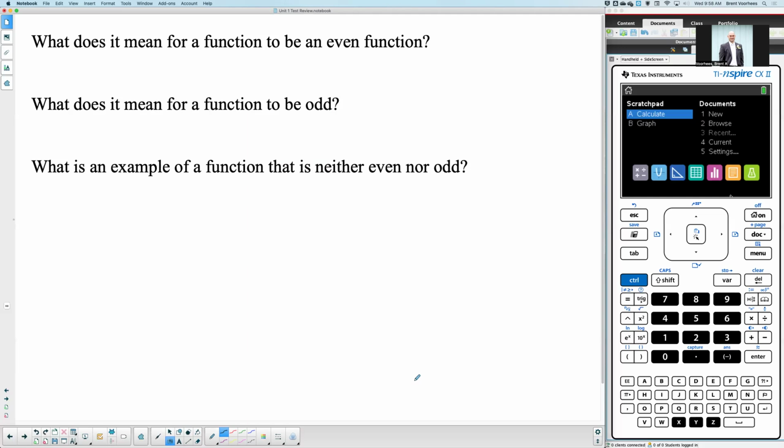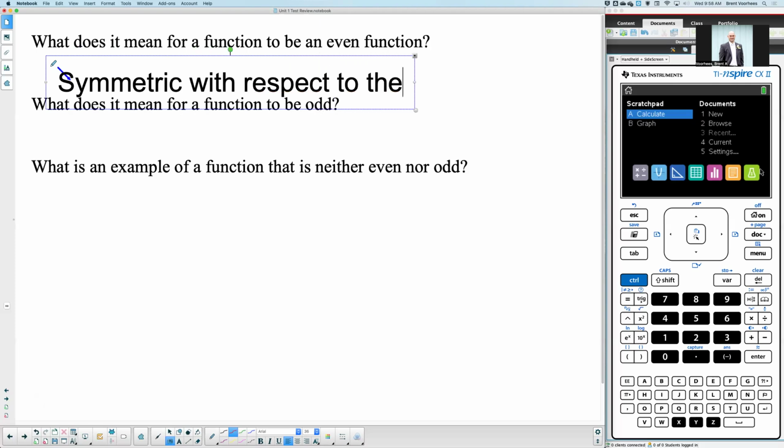It's like the y-axis. Okay, it's symmetric with the y-axis. That's true. So you can put that in there. Let me say it's symmetric with respect to the y-axis.